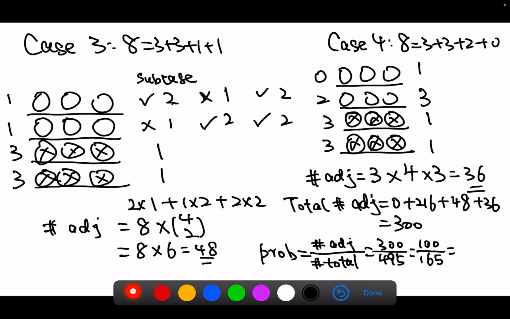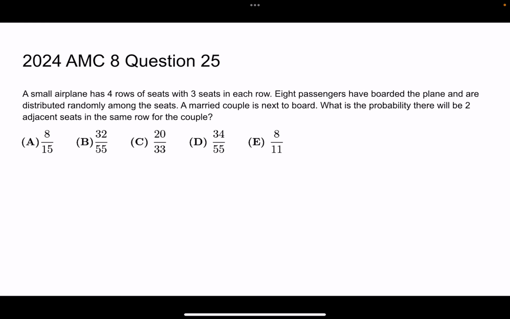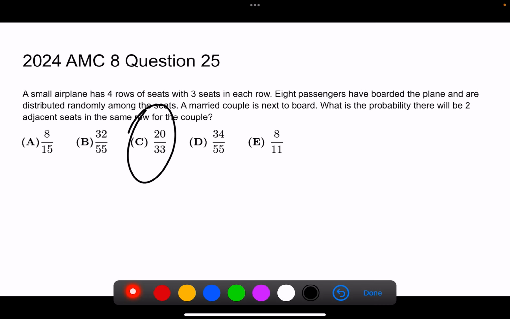Divided by 5, you'll get 20 divided by 33. So the answer, 20 over 33. That's the last question. Definitely the most difficult one.